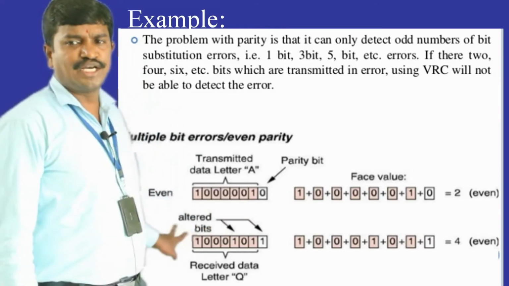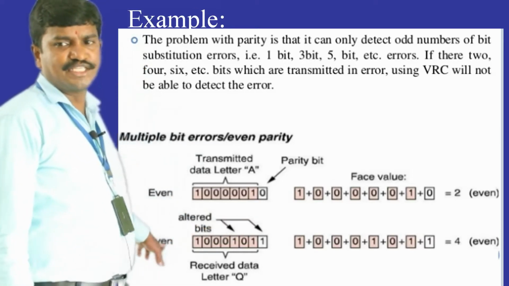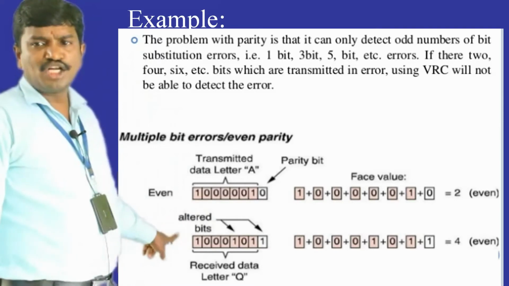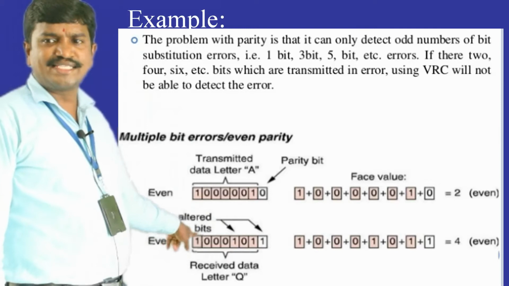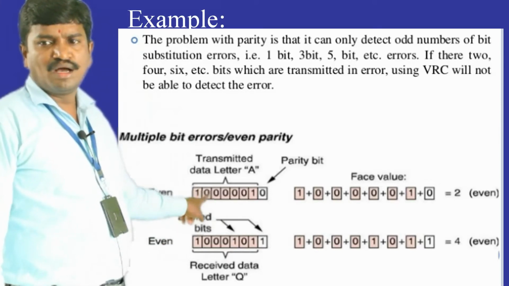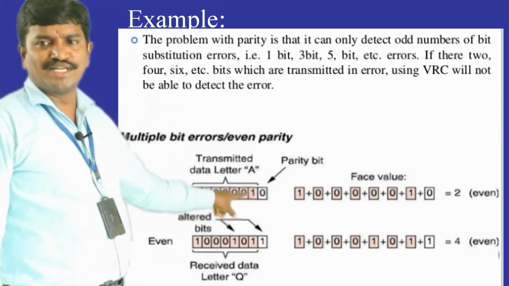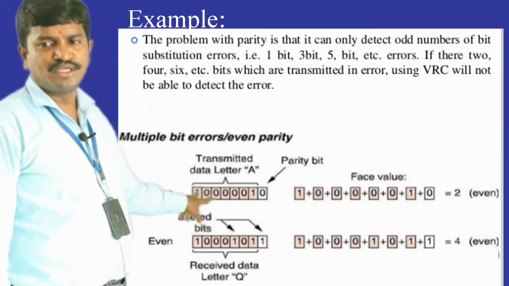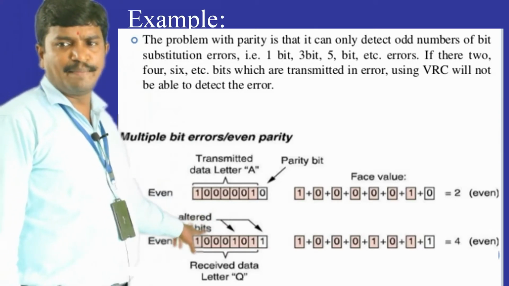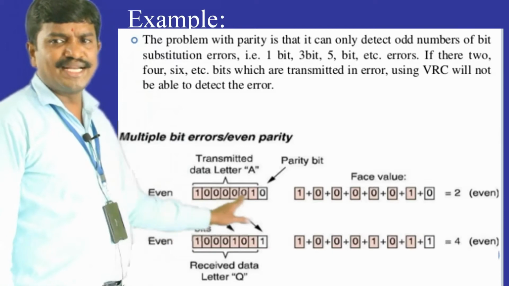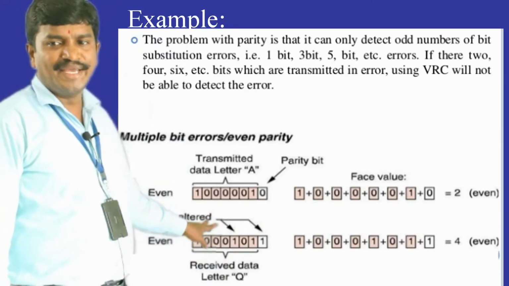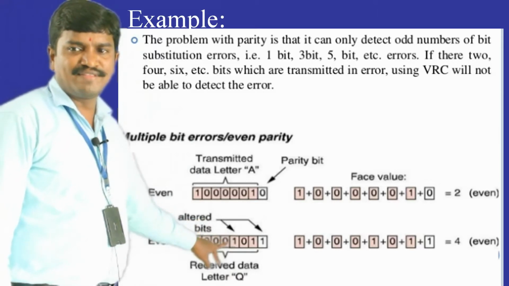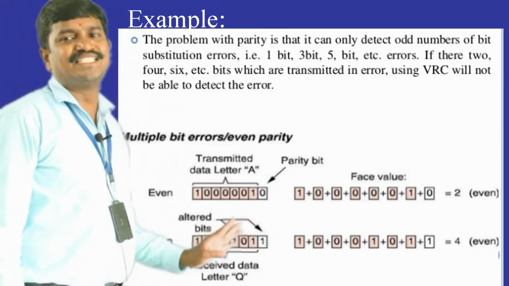But unfortunately, in this second case, see this. Whatever we have sent is capital A, which is 1 0 0 0 0 0 1 0. This is the code for ASCII value 65. Now unfortunately, during the data transmission 2 bits are corrupted. 2 bits means one is part of the data, one is part of the parity bit itself.